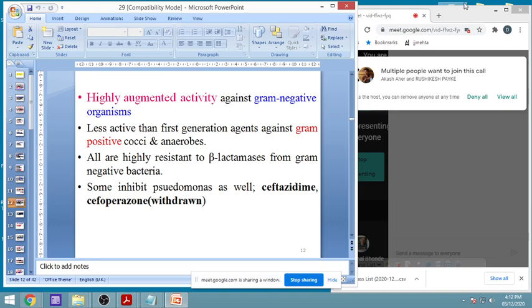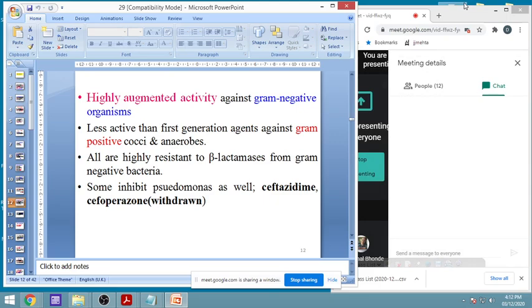They have highly augmented activity against gram negative organisms, again similar to penicillins. In the case of penicillin, as we have seen earlier, the natural penicillin had the highest activity against gram positive. No other agent is as active as penicillin V against gram positive. Similarly here, the first generation will have the highest activity against gram positive, meaning their potency will be highest.